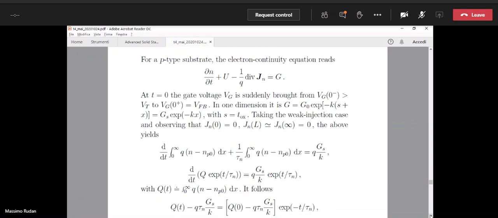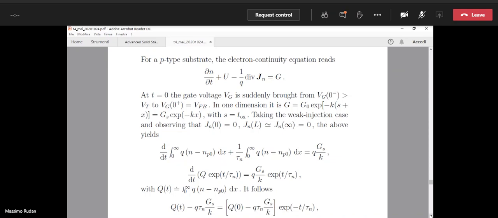And then we have the right-hand side. The right-hand side is the integral of G. Obviously, it is proportional to the exponential of minus kx calculated at 0, that gives you a 1, minus the exponential of minus kx with x equal to L, capital L, that is practically equal to infinity.